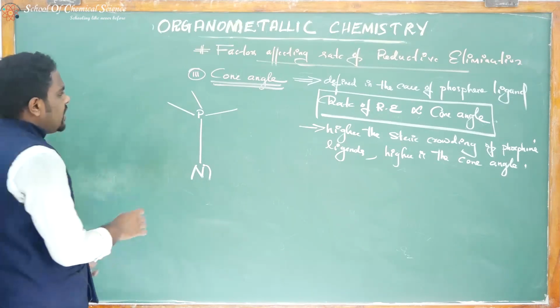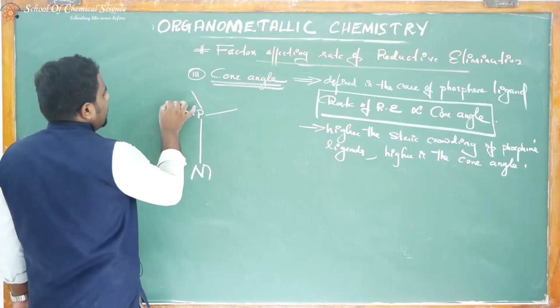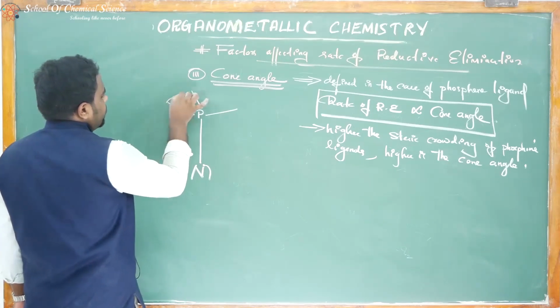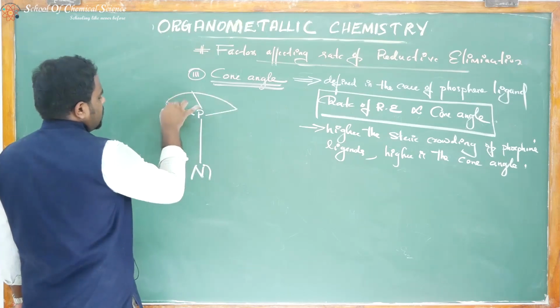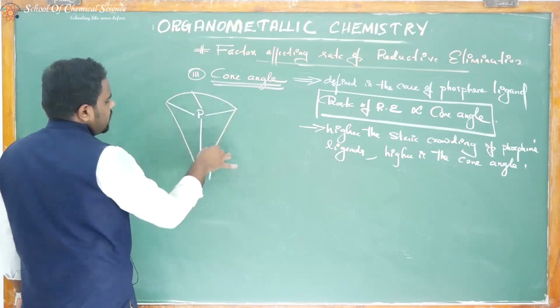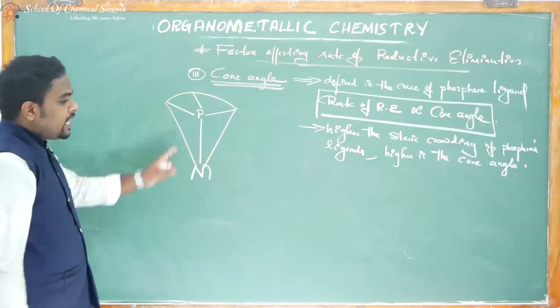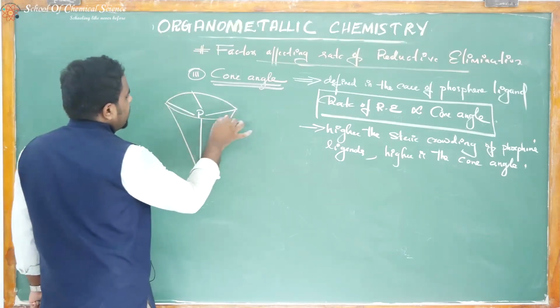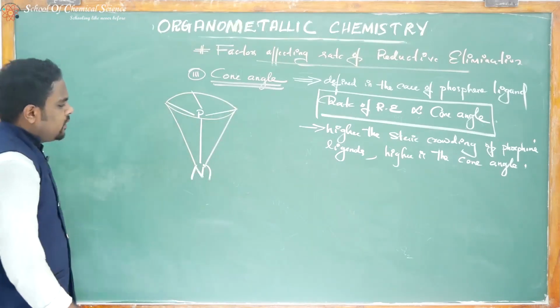These 3 valencies will create a cone with the metal.